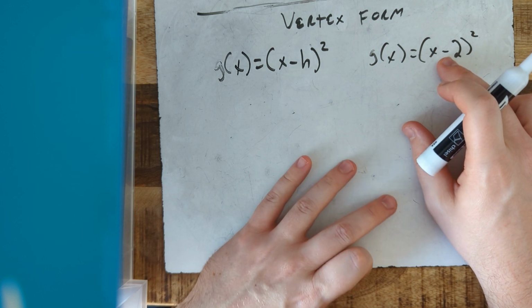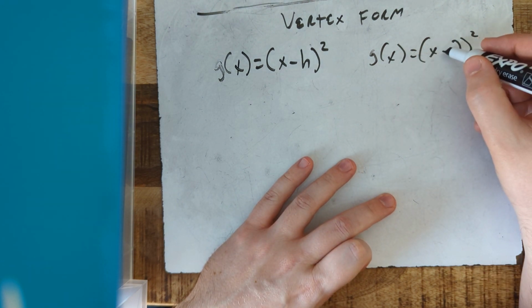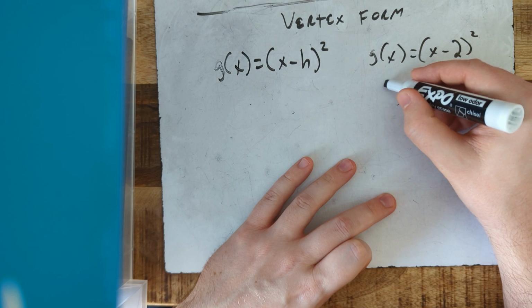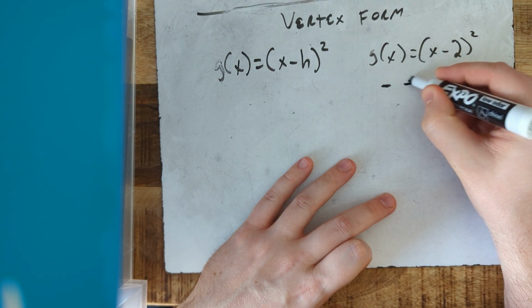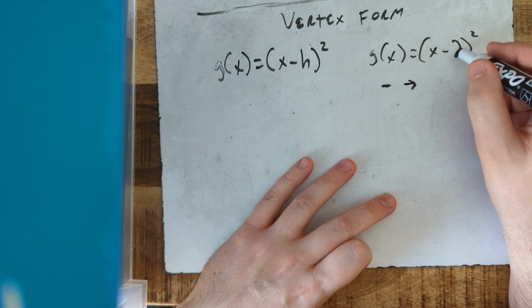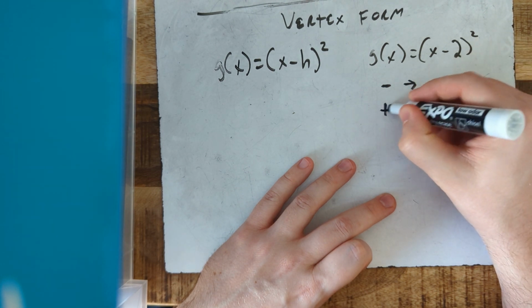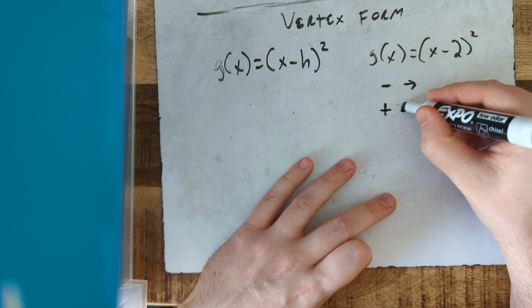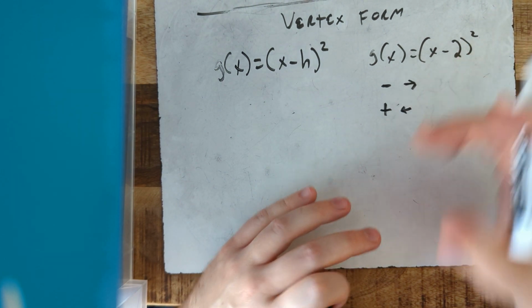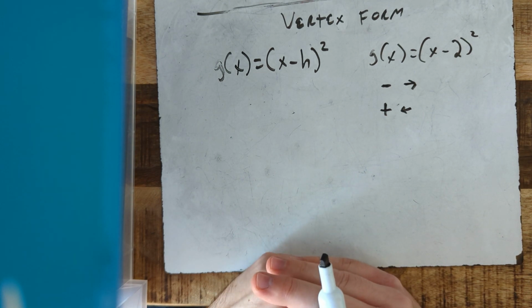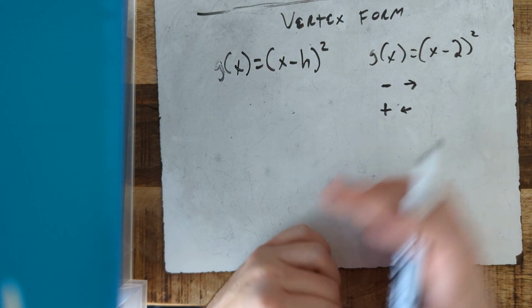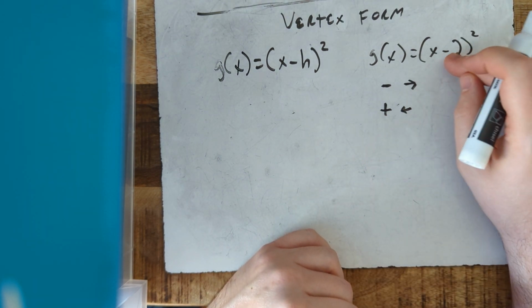In this case, if it's a negative number, you're going to go to the right by whatever number it is. If it's a positive here, you're going to go to the left, which is kind of the opposite of what we've been learning. But that's how it works here. Okay, so a negative in the middle goes right, positive in the middle goes left.